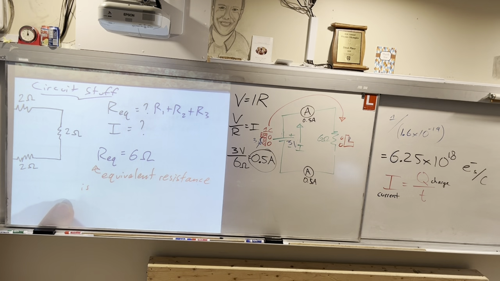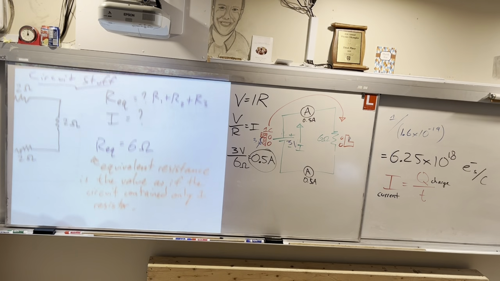It's like there was only one 6 ohm resistance instead of 3 2 ohm resistances. It is the value as if the circuit contained only one. Make sense?